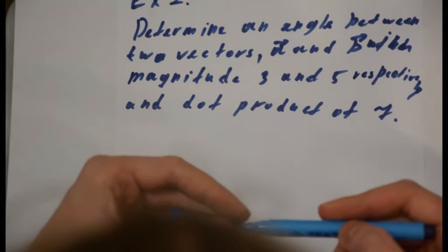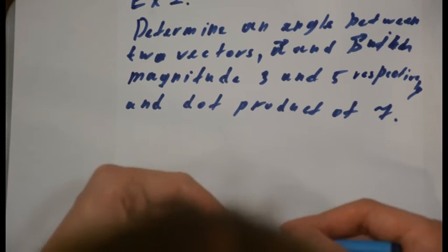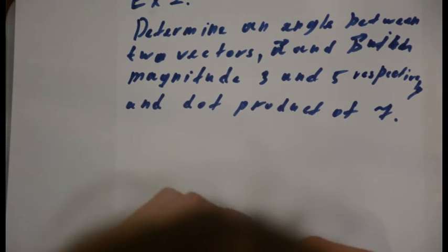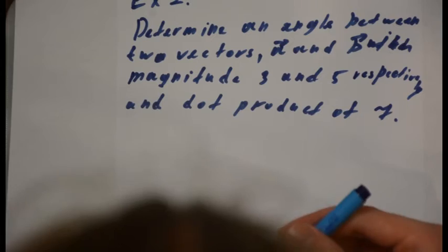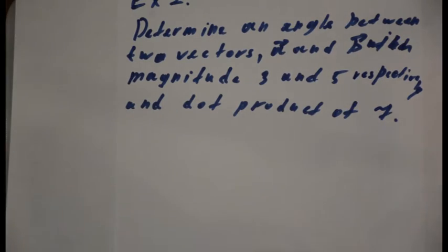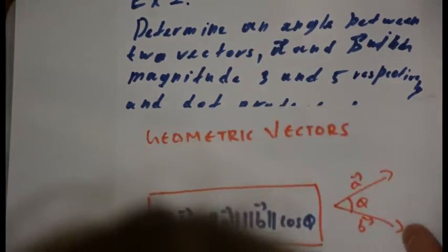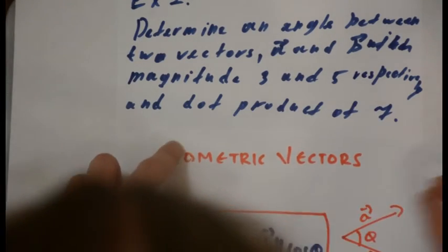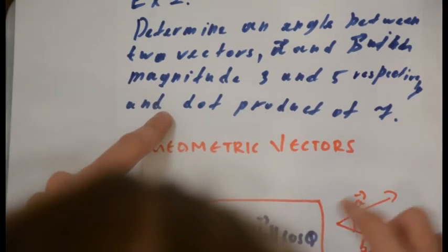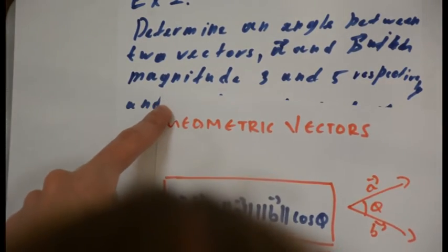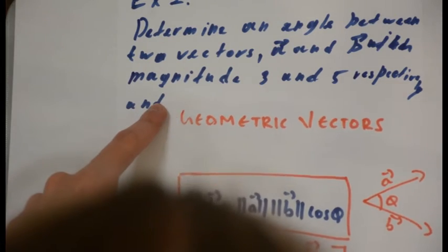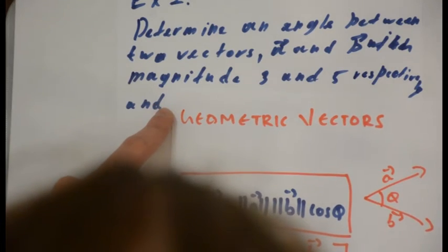Determine the angle between two vectors A and B with magnitudes 3 and 5 respectively, and a dot product of 7. So if we look here, what we need to find is the angle, and all we need to do is substitute these values in here.